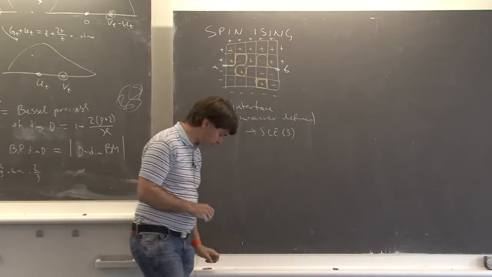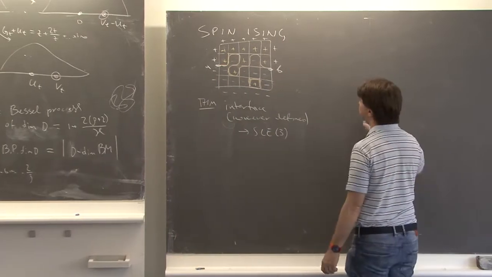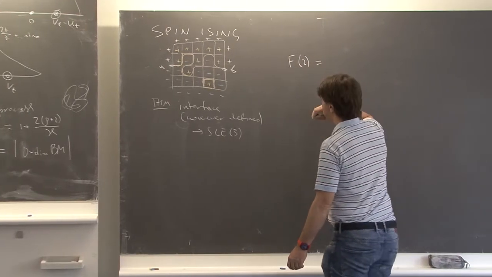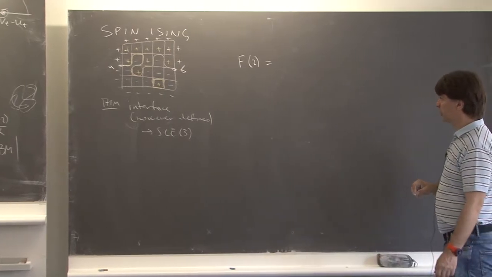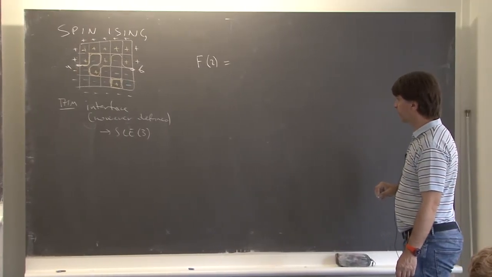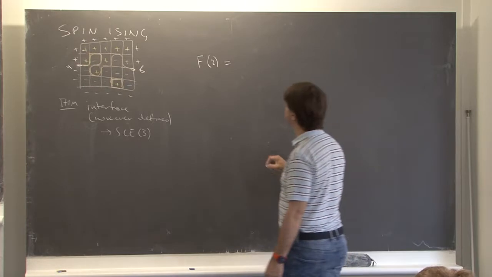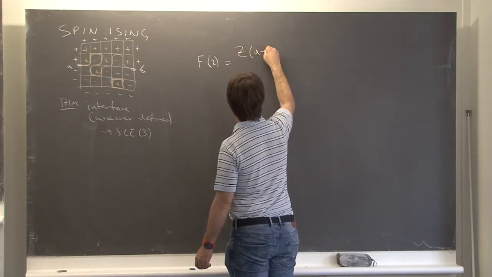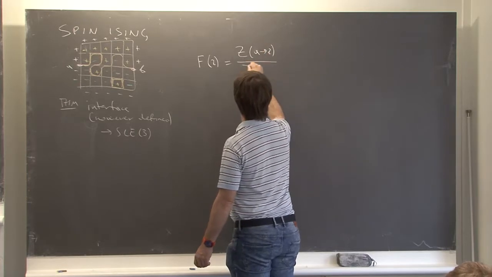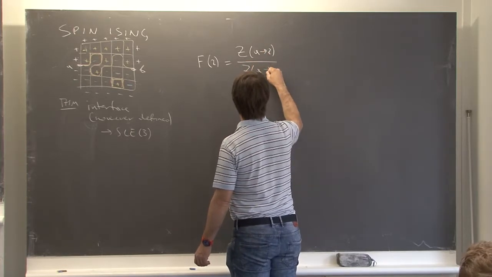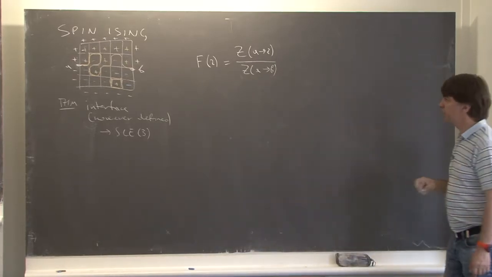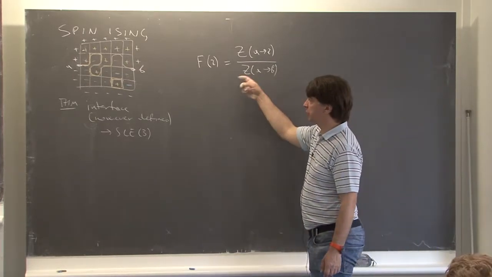So the observable f here is the following. So f of z is the partition function from a to z divided by the partition function from a to b. I will tell in a second what the partition function from a to z is. So the partition function from a to b is the usual partition function.